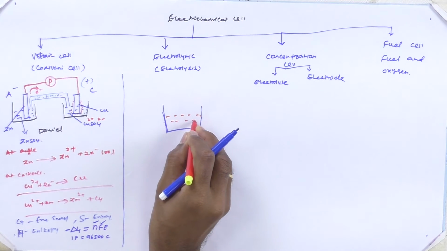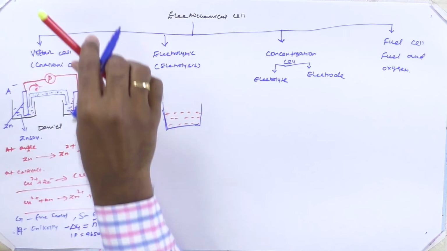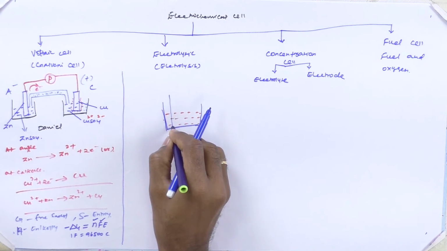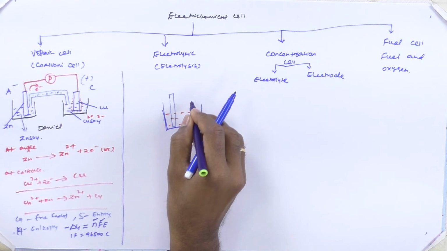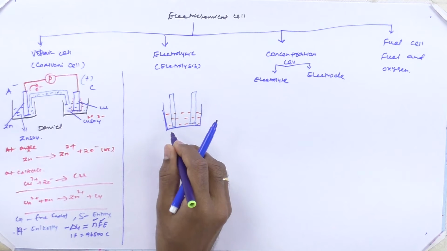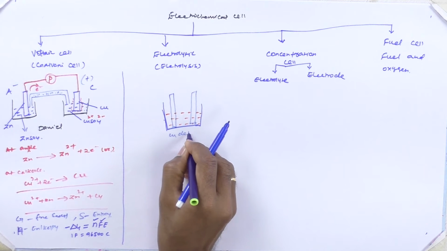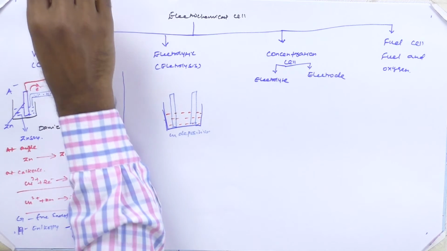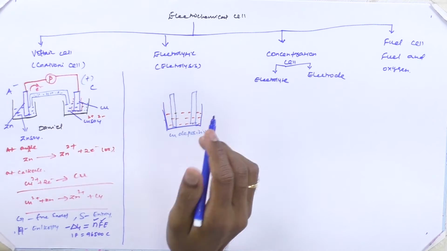So this is going to be the electrolyte, and here I am going to place 2 electrodes. Now we can take copper deposition, that is called copper plating. Copper plating is the best example for this case.